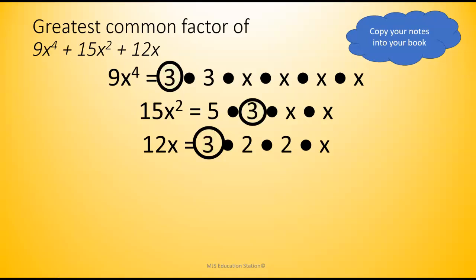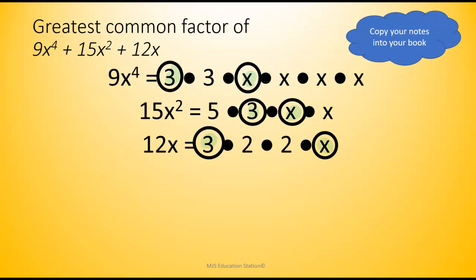Then we're going to ask, what is the maximum number of x's I can take? The top term, 9x to the fourth, has 4 x's. 15x squared has 2 x's, and 12x only has 1. So we can only take 1 x out of each of those. You can now see in each row we have 3 times x, 3 times x, and 3 times x.